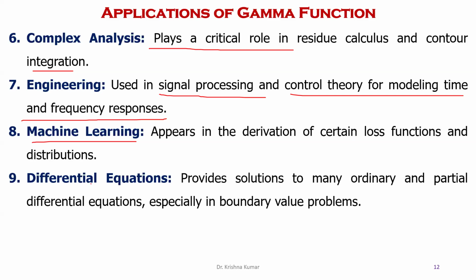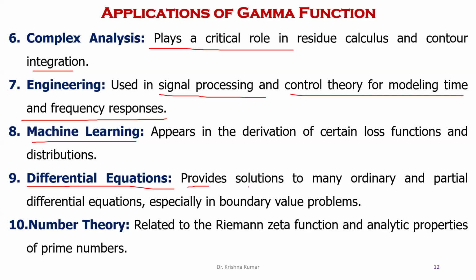The ninth one is differential equations. It provides solutions to many ordinary and partial differential equations, especially in boundary value problems. And the tenth and last application of gamma function is in number theory. It is related to the Riemann zeta function and analytical properties of prime numbers.